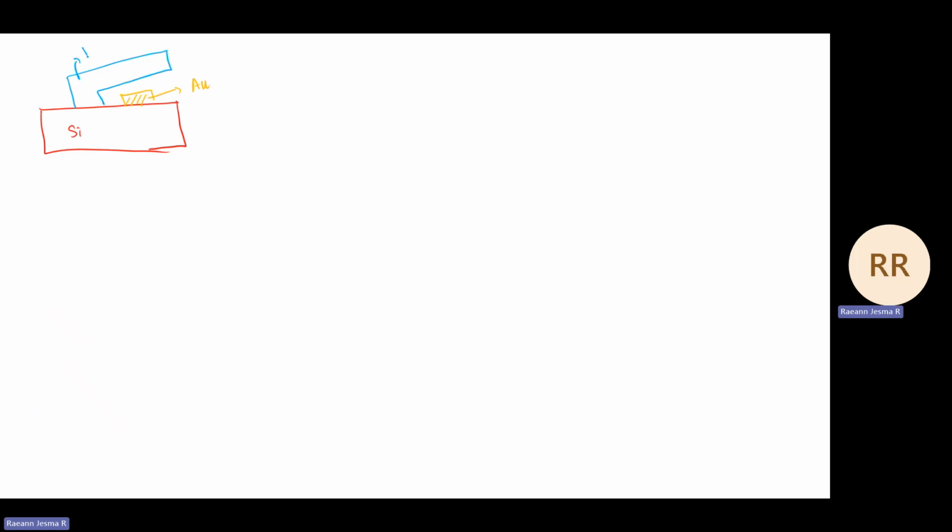This is polysilicon. So what do you think are the steps that will be required to fabricate this kind of cantilever structure? Is my question clear?